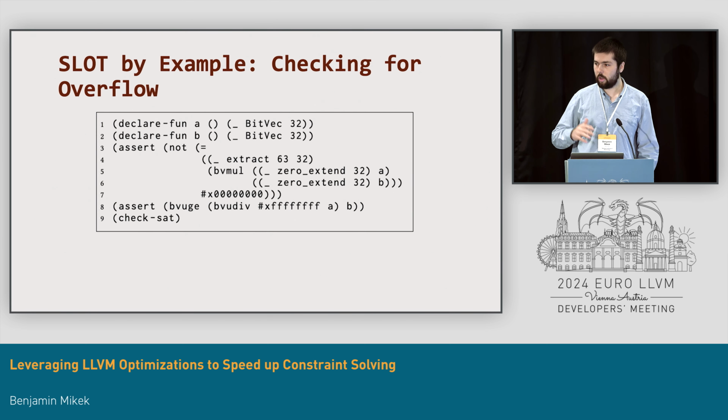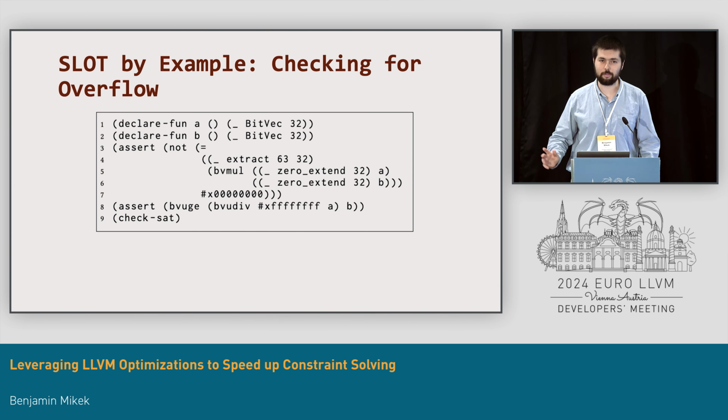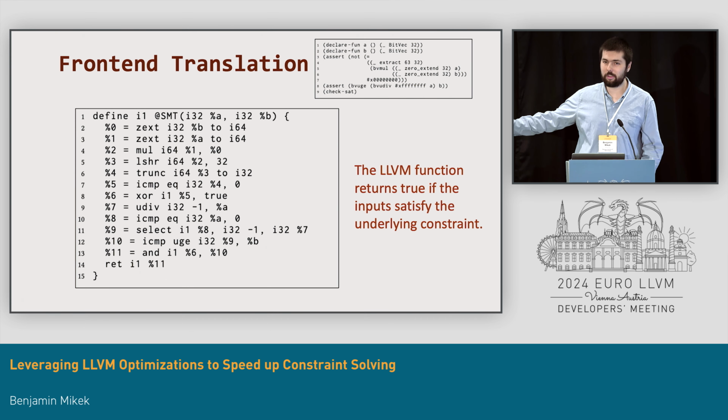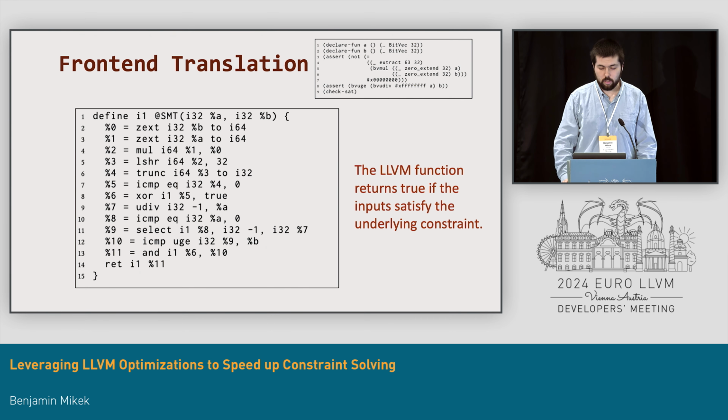So I'll talk about how we rise to those challenges through an example. So this is the same constraint we saw before. Hopefully you aren't getting too tired of it yet. But here's a translation of this constraint into LLVM IR. So I'll leave this up for a second so you can take a look at it, and I think the slides will be posted later also.